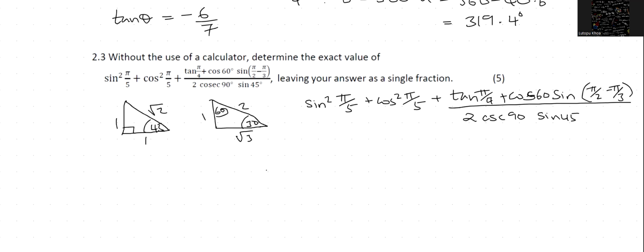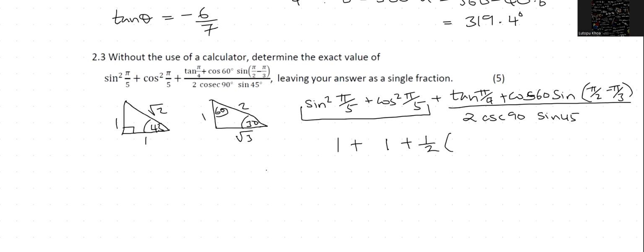But what we notice here is we have our identity, sine squared plus cos squared. It doesn't matter what angle you have there, as long as the two angles are the same, this is always equal to 1. And then tan pi over 4, that's tan of 45, which is 1. Cos of 60 is half. And this one, sine of pi over 2 minus pi over 3, we can work it out using our identity.